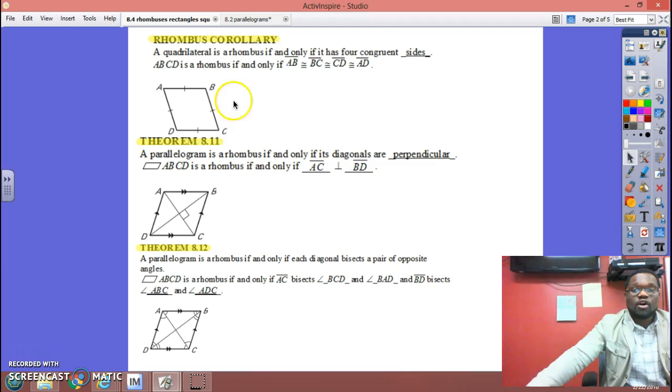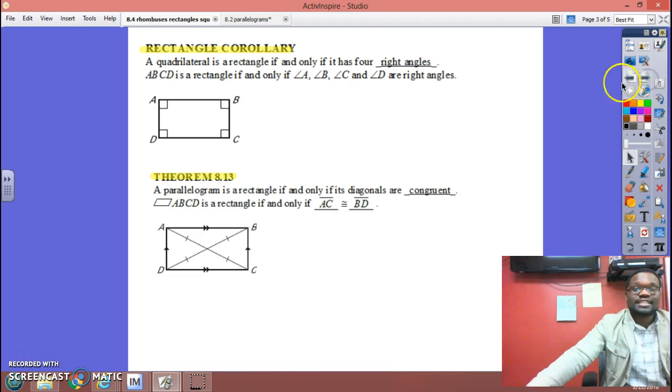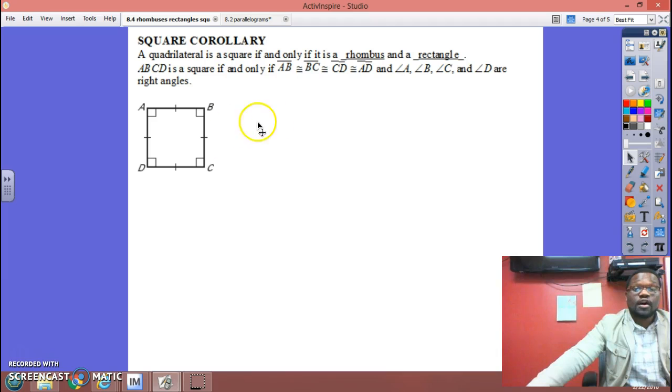A rhombus has all congruent sides, perpendicular diagonals, and the diagonals bisect the opposite angles. A rectangle has all 4 90-degree angles and congruent diagonals. A square is both. All those properties apply for a rhombus and a rectangle to a square.